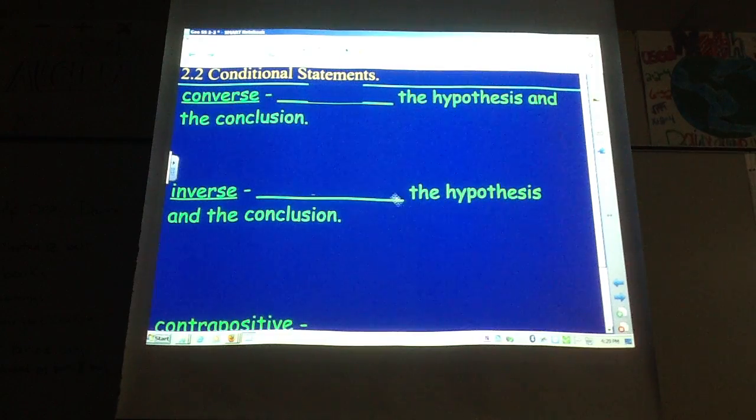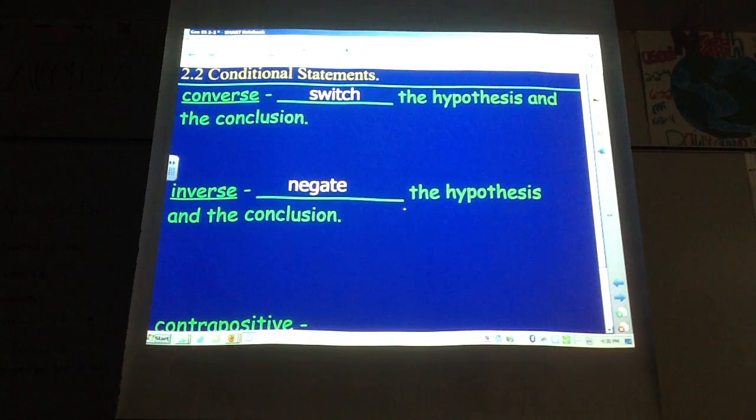Alright, the converse. We're going to go ahead and reveal these here. The converse is to switch the hypothesis and the conclusion in your conditional statement. So you would flip-flop the part that follows the if and the part that follows the then. The inverse is going to negate both the hypothesis and the conclusion.